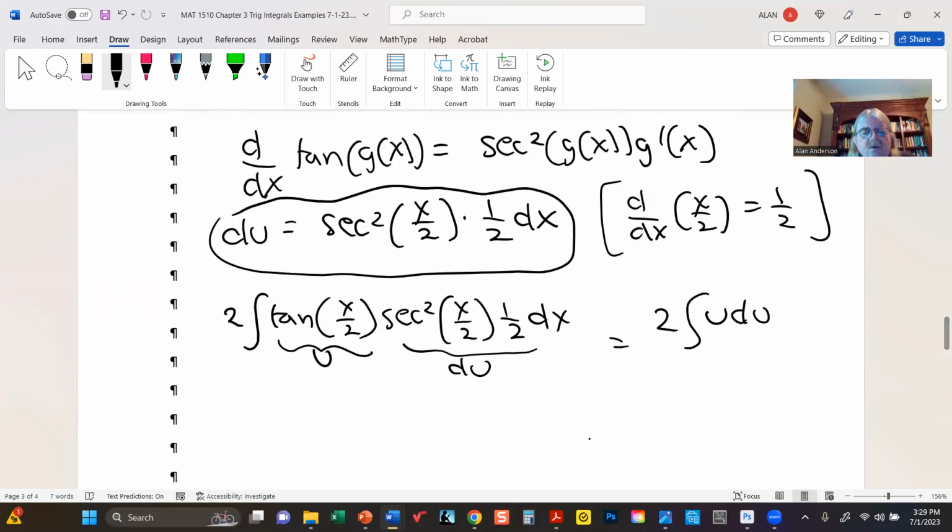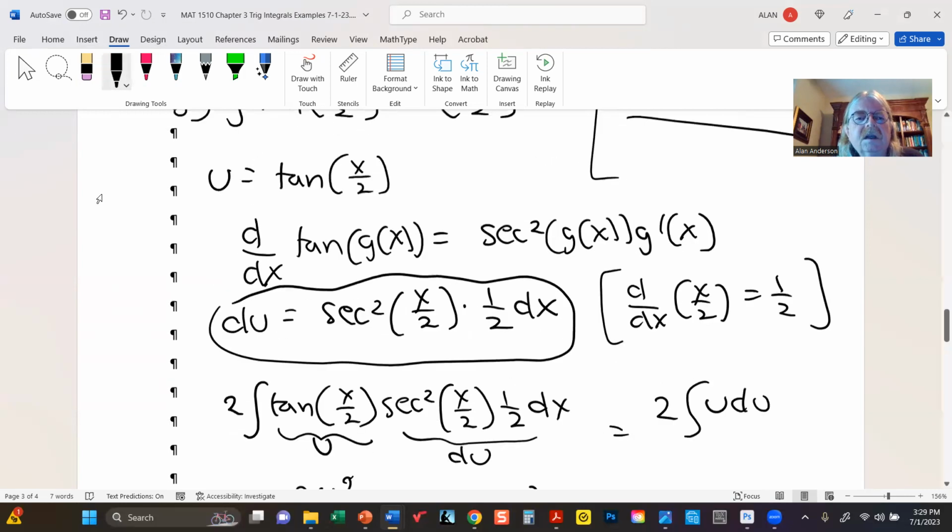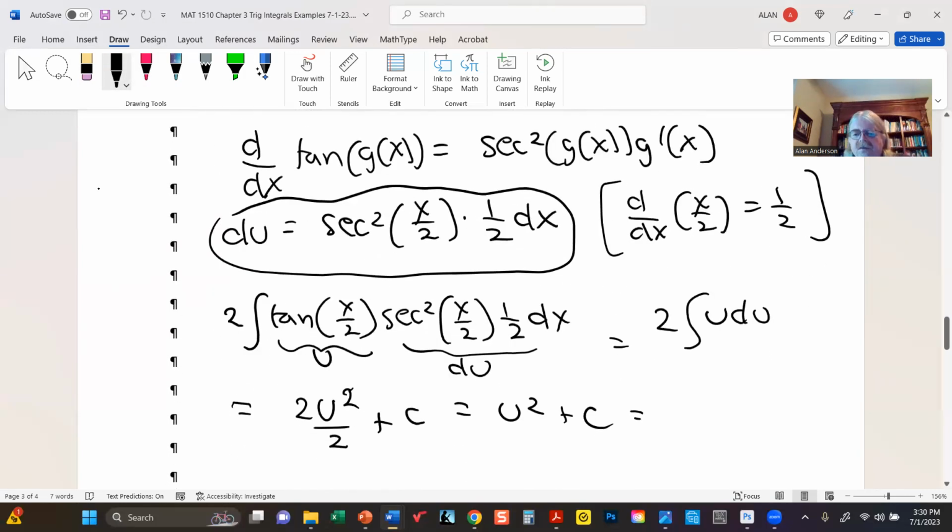Well, based on the power rule, we'll have 2u squared over 2 plus c, or simply u squared plus c. And of course, since u was originally defined as tangent x over 2, that's our final result.